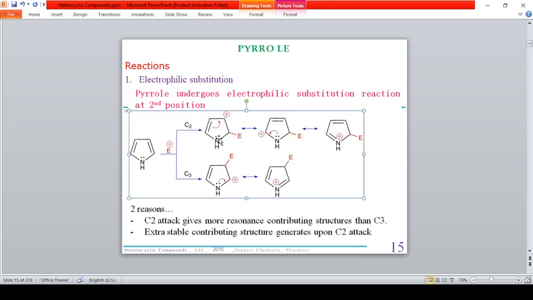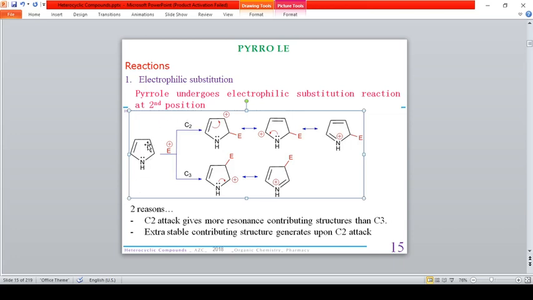Now this nitrogen has a lone pair. This lone pair will shift and form a pi bond here. You can see clearly in this structure it is forming a pi bond here, but now the nitrogen is positively charged, and this cycle will continue similarly. So what do we have? We have three resonating structures in the case when our electrophile is getting attached to carbon 2.